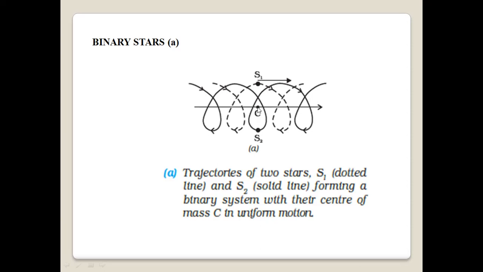And therefore center of mass will remain in the same position. It will be there itself. All right. Trajectories of two stars, S1 by dotted line and S2 by solid line, forming a binary system with their center of mass C in uniform motion.